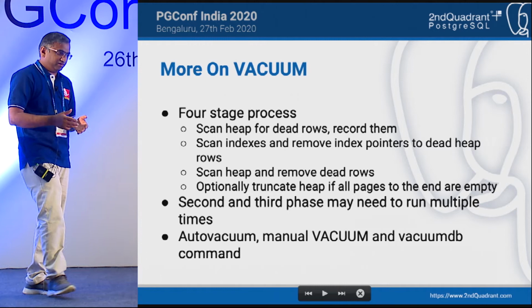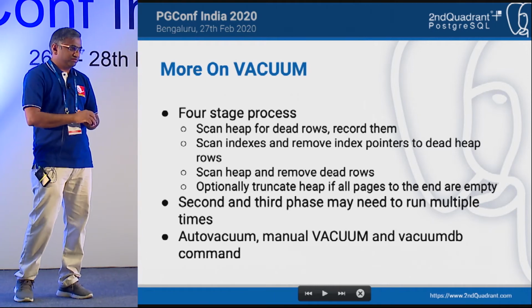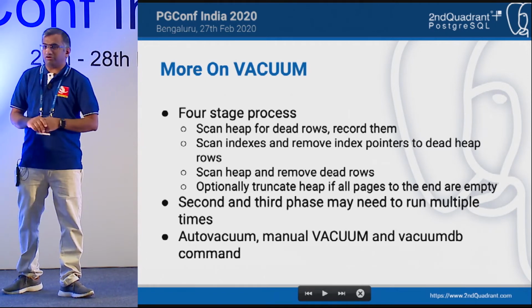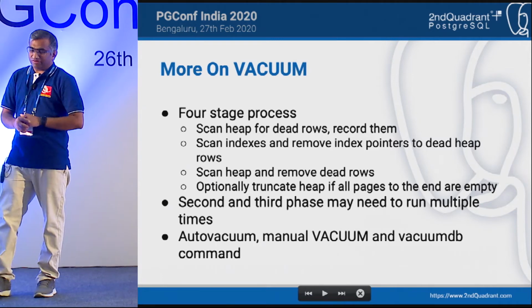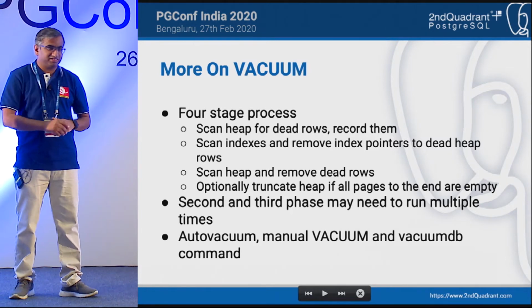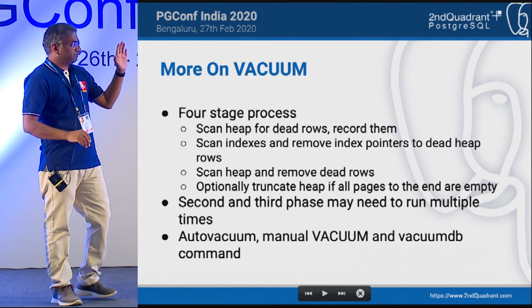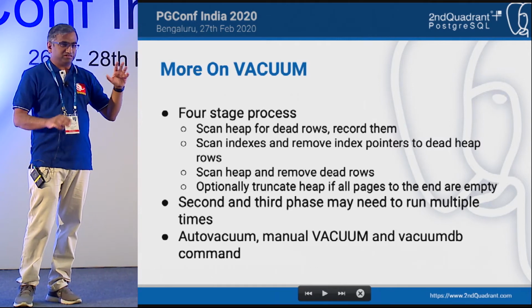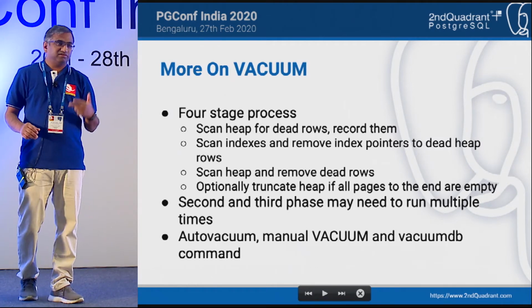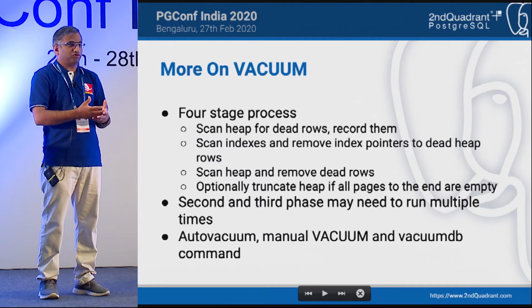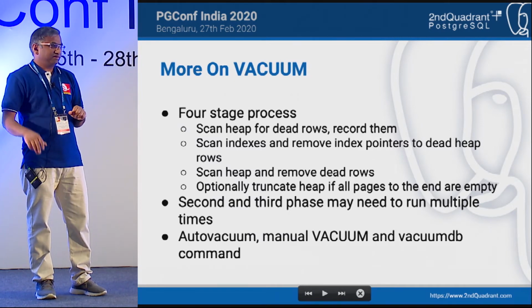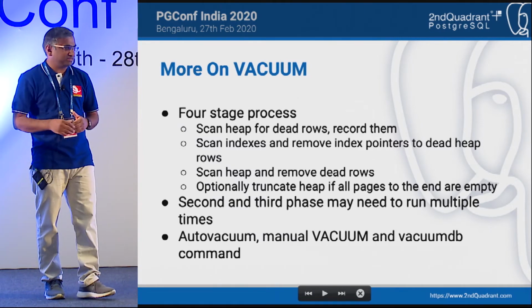So, to talk more about vacuum, because I want to speak about what has improved there. Vacuum is a 4-stage process. We scan the heap, which is the main table. We collect which rows are now fully dead for every transaction in the system.